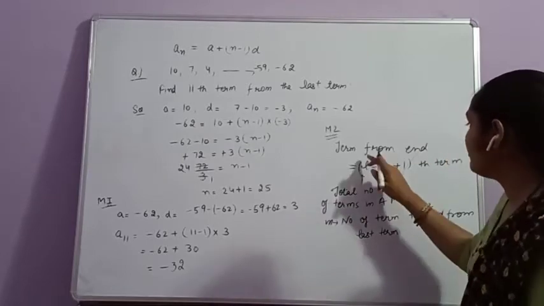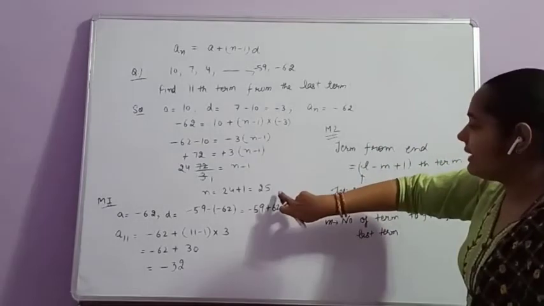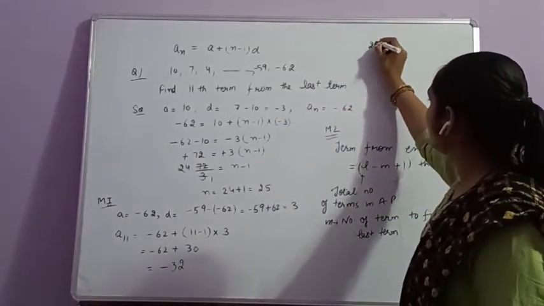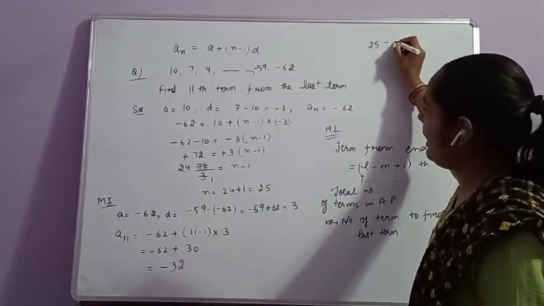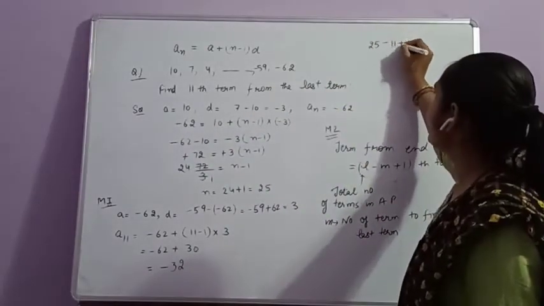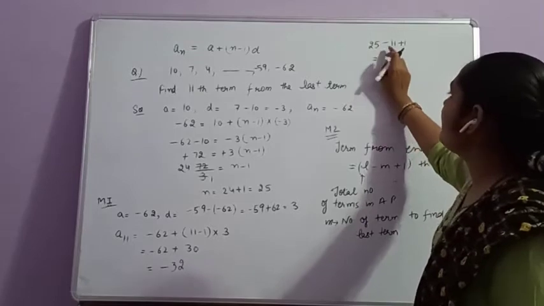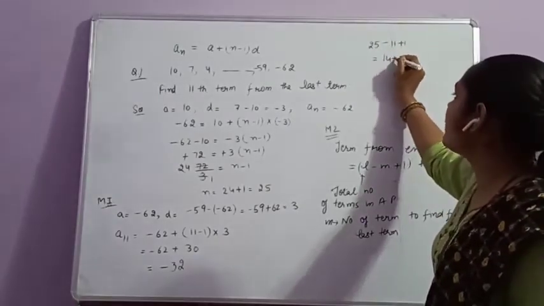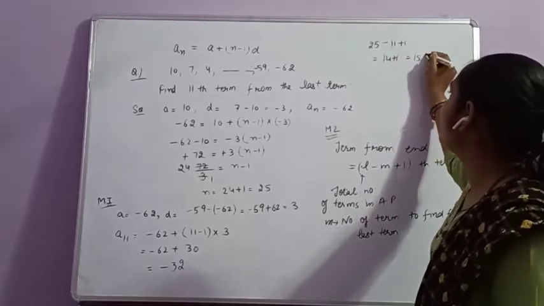In this question, if we put the value of L, that is the last term, the 25th term, minus M, the 11th term from the last term, plus 1, that is equal to 25 minus 11, that will be 14, 14 plus 1, that is equal to the 15th term.